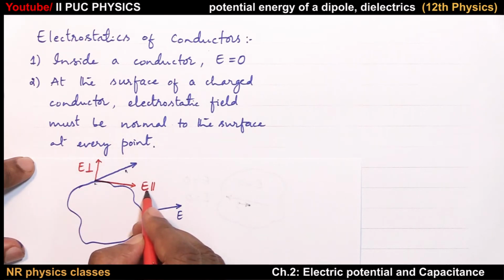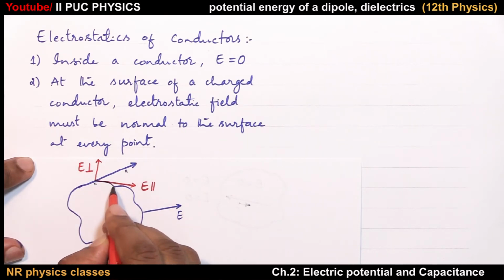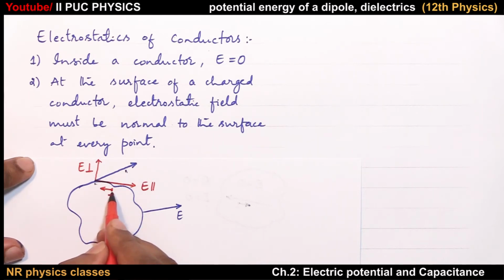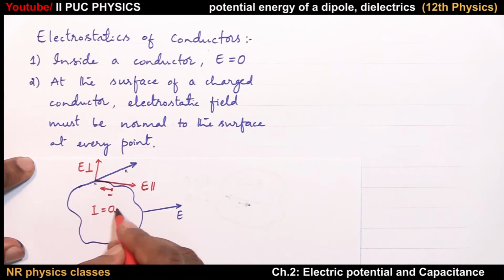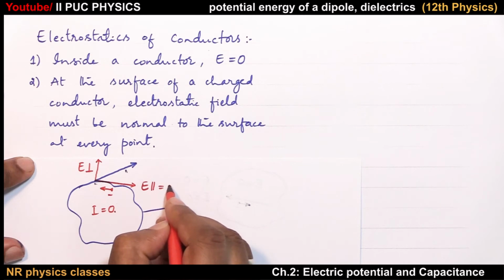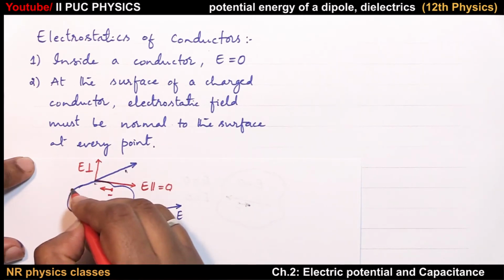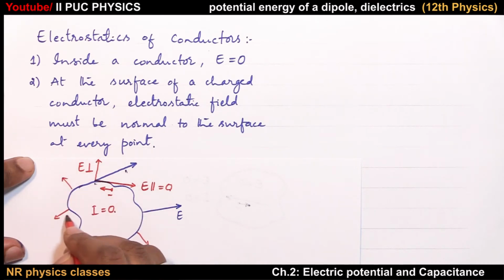This parallel component will make conduction electrons experience force in the other direction. So this is the motion of electrons. So there is unnecessary current inside the conductor. Since no current is found inside the conductor, this parallel component should be 0, means everywhere electric field should be perpendicular to the charged conductor.